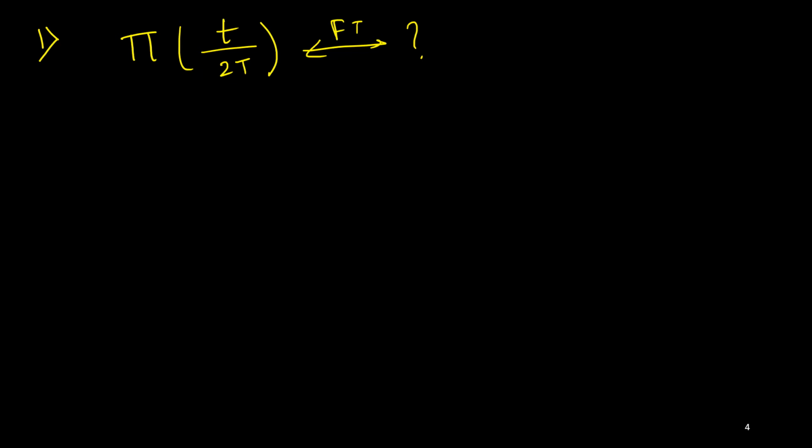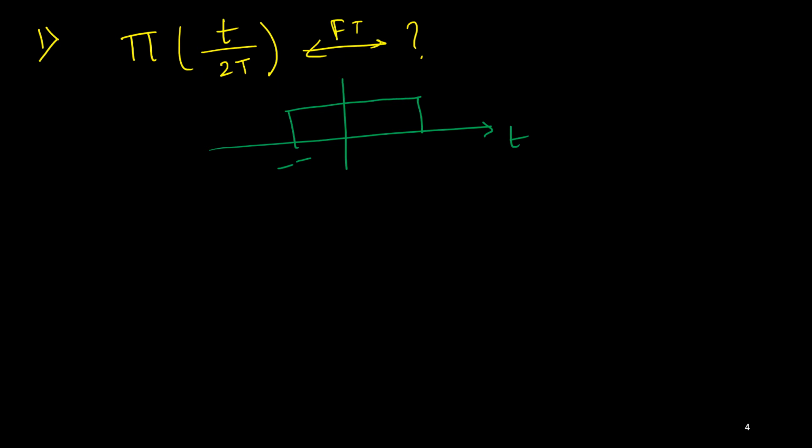Now we draw our signal. This is a gate function, a pi function. This is the time axis.